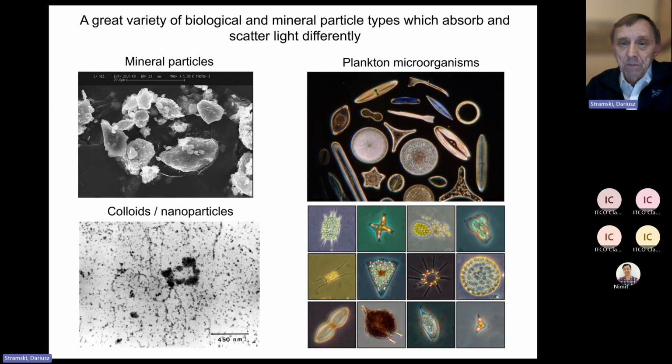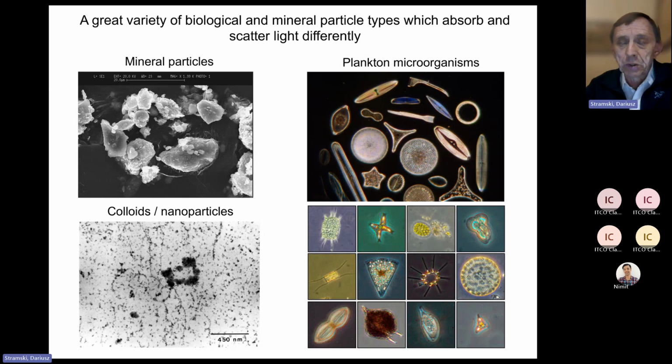how very many types of particles absorb and scatter light, and how they produce the net effect, which typically is what we measure. We do not measure optical signal coming from individual particles, but we make measurements on finite volumes: inherent optical properties that you've already learned during this course, or apparent optical properties such as remote sensing reflectance.